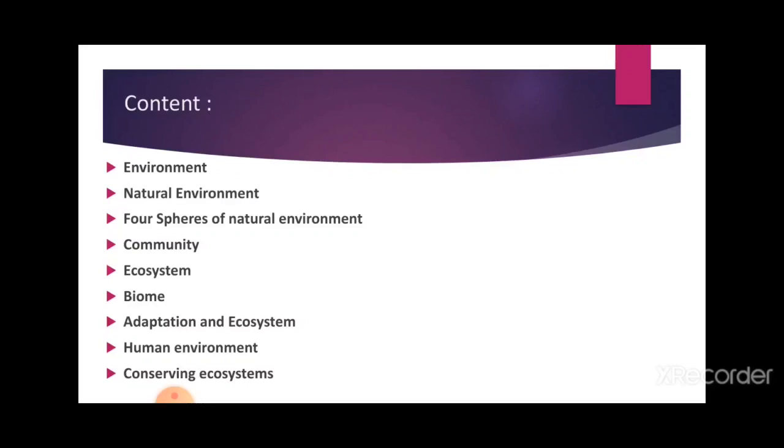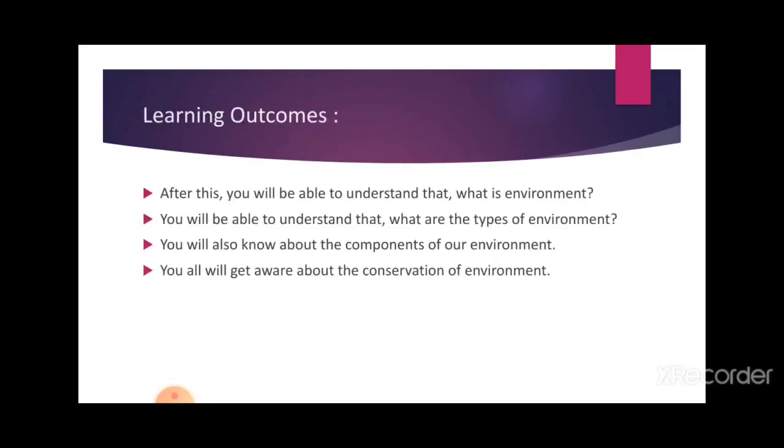So after reading this chapter, what will you be able to understand, what are the points that you will get after this. That is the learning outcomes, what you are able to understand after this chapter. You will be able to understand what is environment and what are the types of environment.